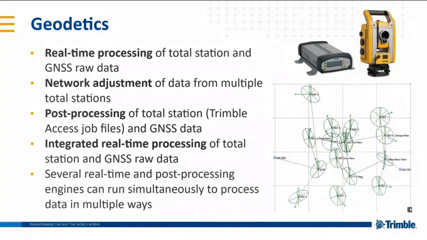You can use the GNSS technology to bring in stability of your point coordinates. You can also run multiple processing engines simultaneously, so if you want to process data sets in multiple ways, that's not a problem at all.